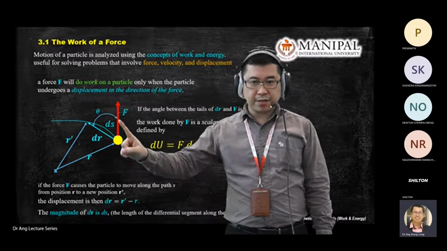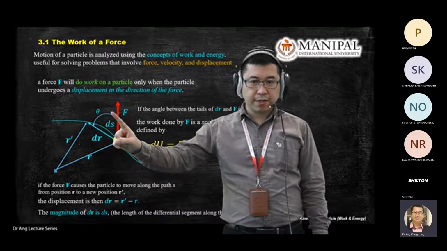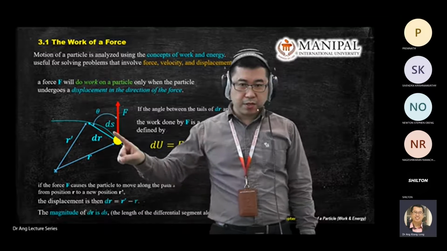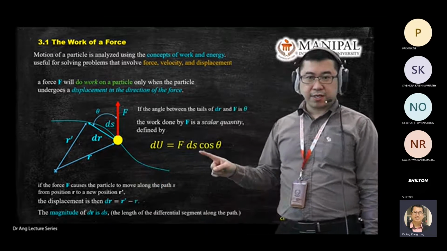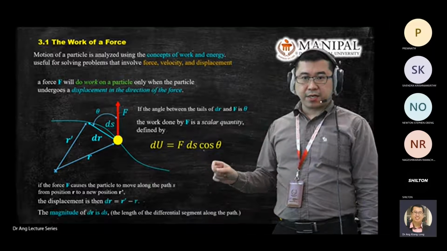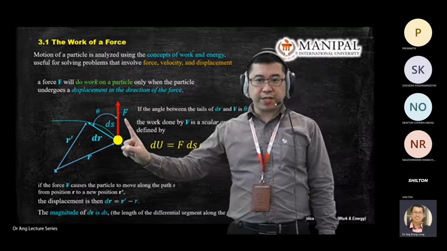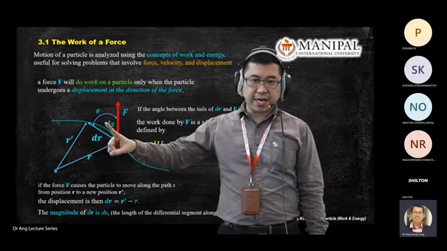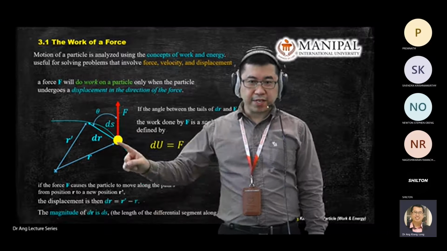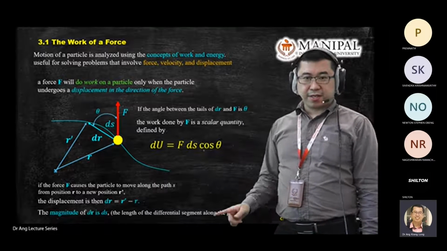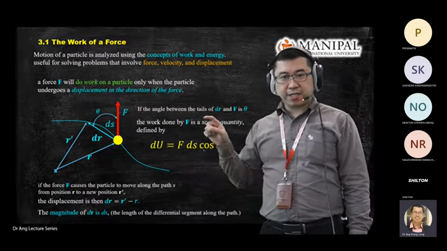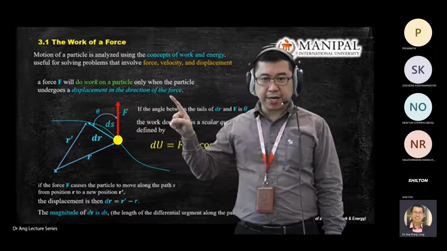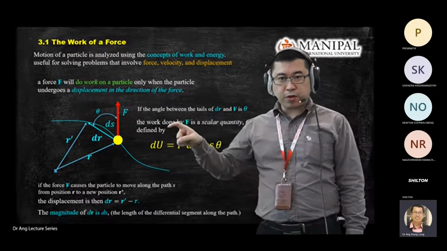You see a triangle here, so we use the cos relationship to find the component. Or you can turn the force to align with your ds. The important point here is that the force and the displacement must be in the same direction. Then only can work happen.